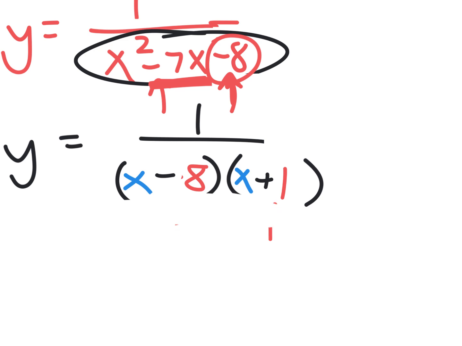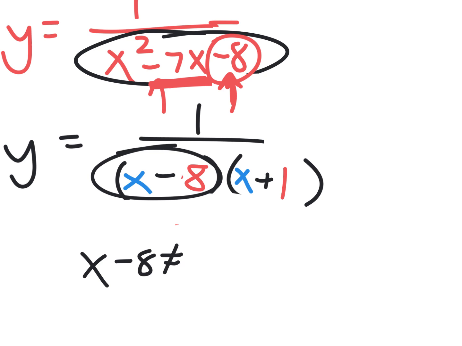And now, all you did so far was factor. You learned that in higher algebra. So what's the pre-calc part? It's knowing that that can't be 0. And this can't be 0.